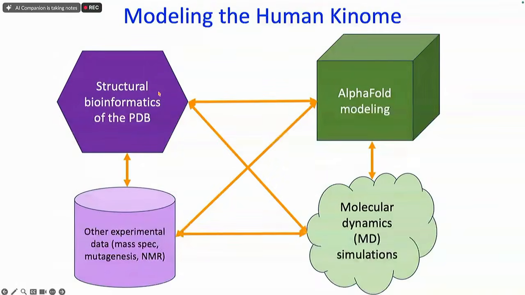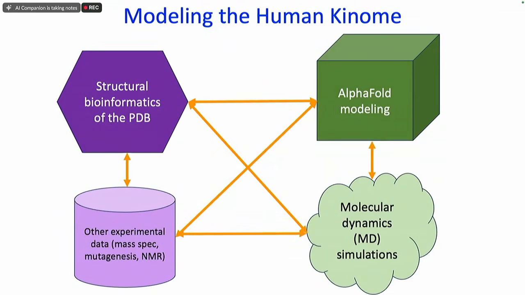So modeling the human kinome, the way we approach this problem and many other problems in cancer biology or in structural biology is first to look at structures in the PDB, experimental structures that are X-ray structures or cryo-EM or NMR structures. Then we use information that we get from those structures to think about how we would model these structures for all of the human kinases, not just the ones that are in the PDB, using AlphaFold.